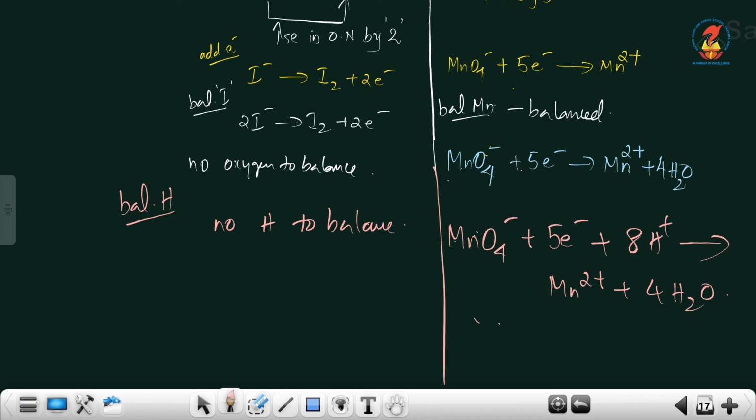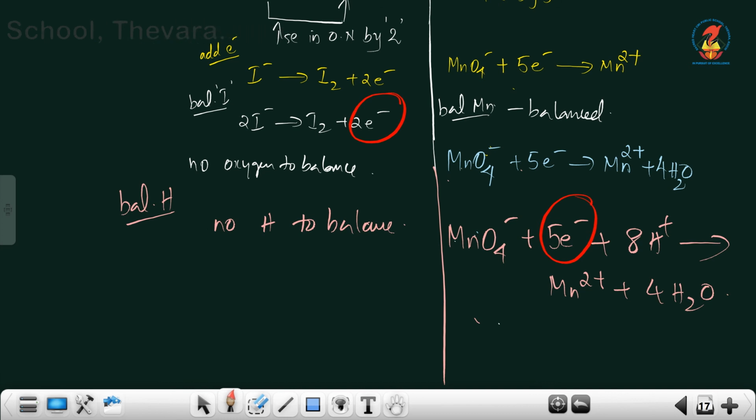After balancing hydrogen, we have to see the number of electrons in both half reactions. In the first half reaction we have 2 electrons, and here we have 5 electrons. So how to balance 2 and 5? Multiply 2 with 5 and 5 with 2.